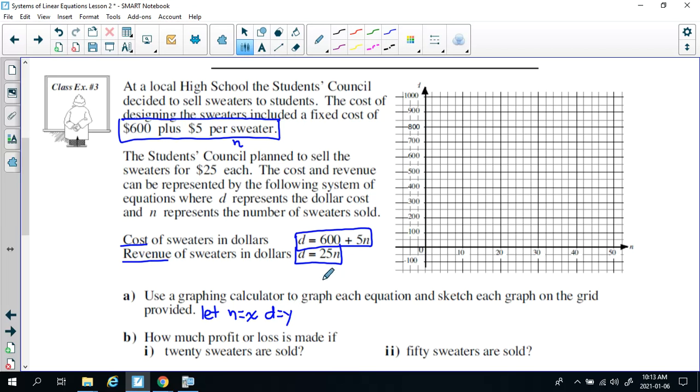So my first equation, the cost equation, would then turn into y is equal to 600 plus 5 times x, which is basically going to be a line that has a y-intercept. We can rewrite it in y equals mx plus b format if you want. So this would be y equals 5x plus 600.